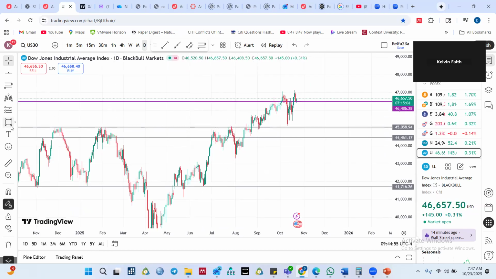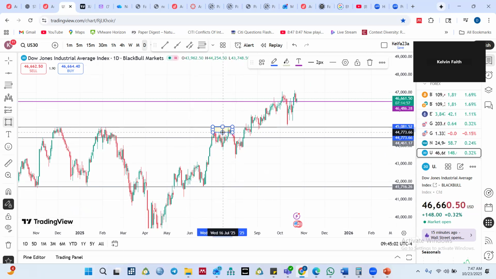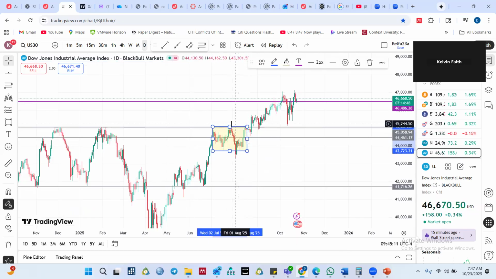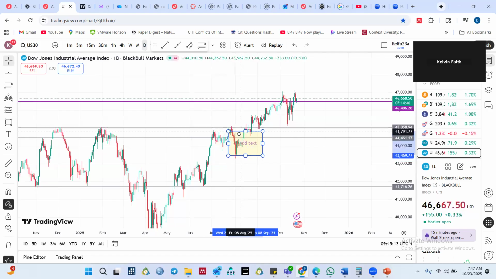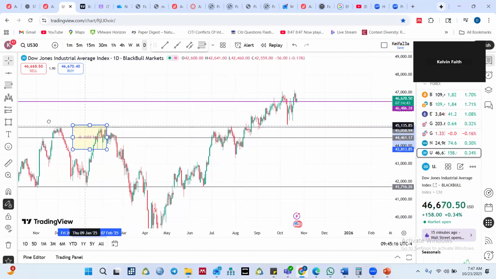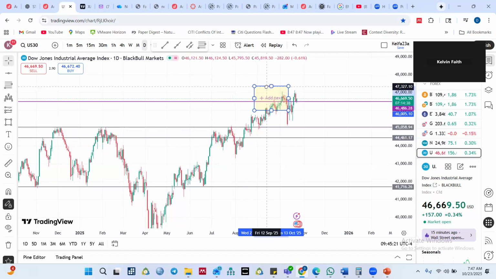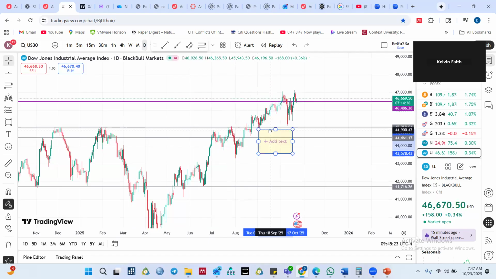So here price got us into these equal highs, and then it pulled back just a little bit into here, and then broke up the highs and retested a little bit and rallied all the way up, and then came back to correct into the highs that it broke.